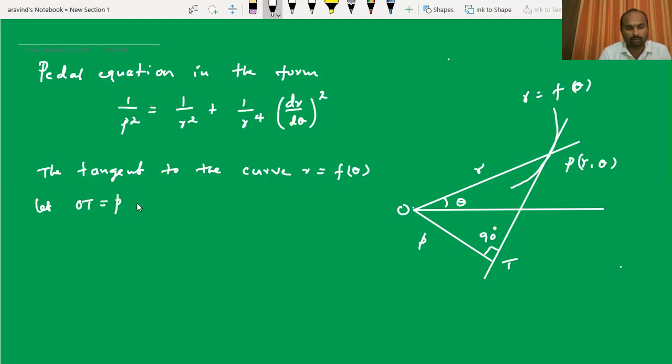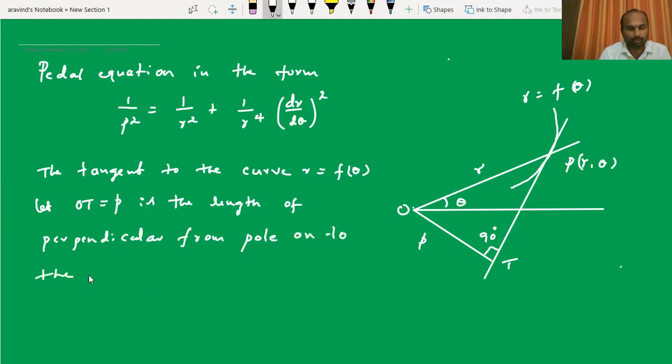This is called the length of perpendicular from the pole onto the tangent. O is called the pole.